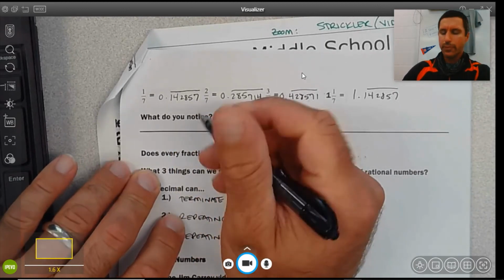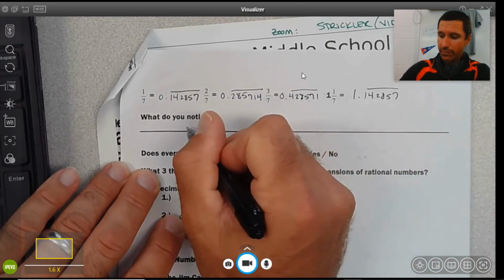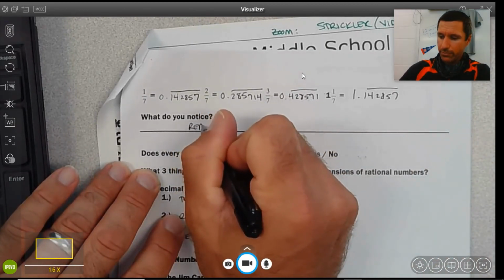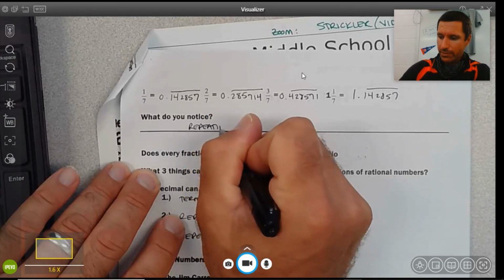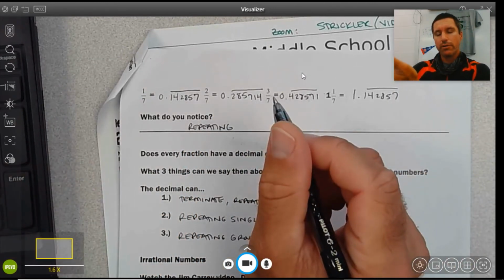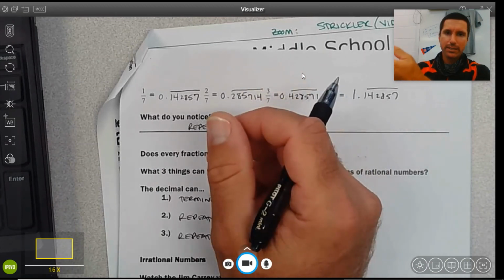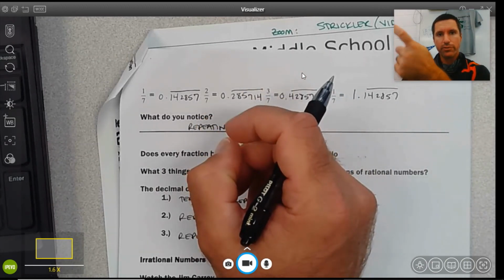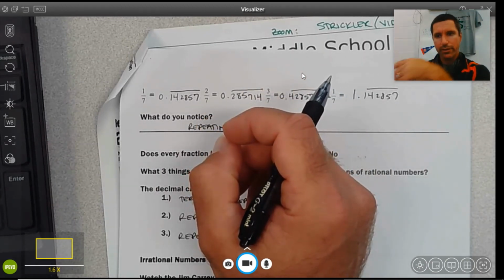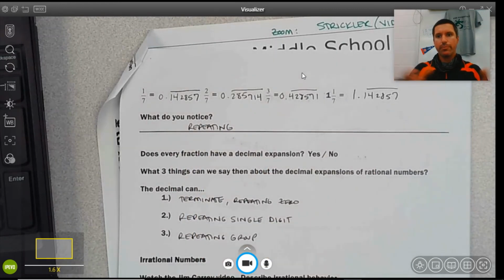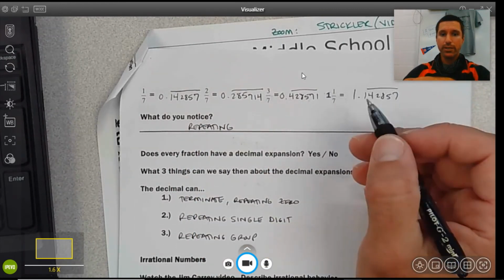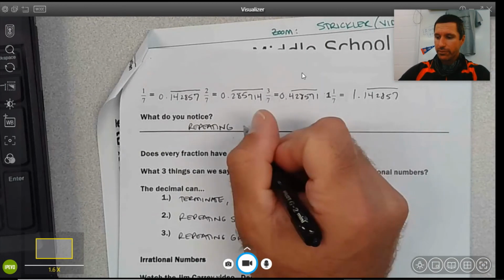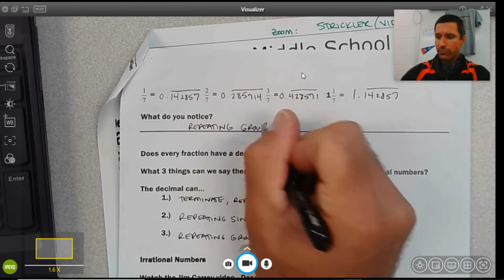So what do I notice? Lots of numbers, bro. Now I notice that we have a repeating block, repeating group. And anytime that happens, notice how I started. 1 divided by 17, 1 divided by 19. These are fractions that I'm starting with and dividing numerator by denominator to get a decimal expansion. And by looking at that and noticing that it repeats, you have this key word of repeats.